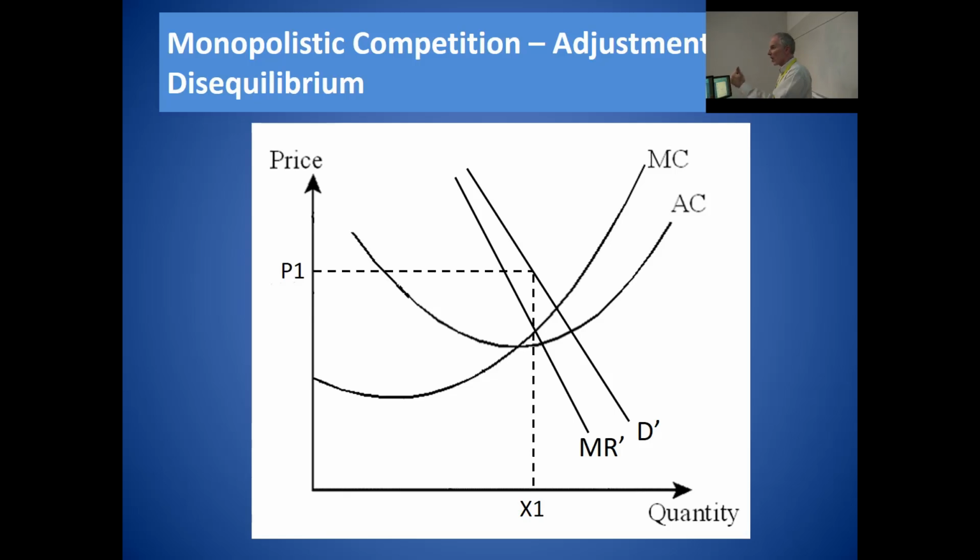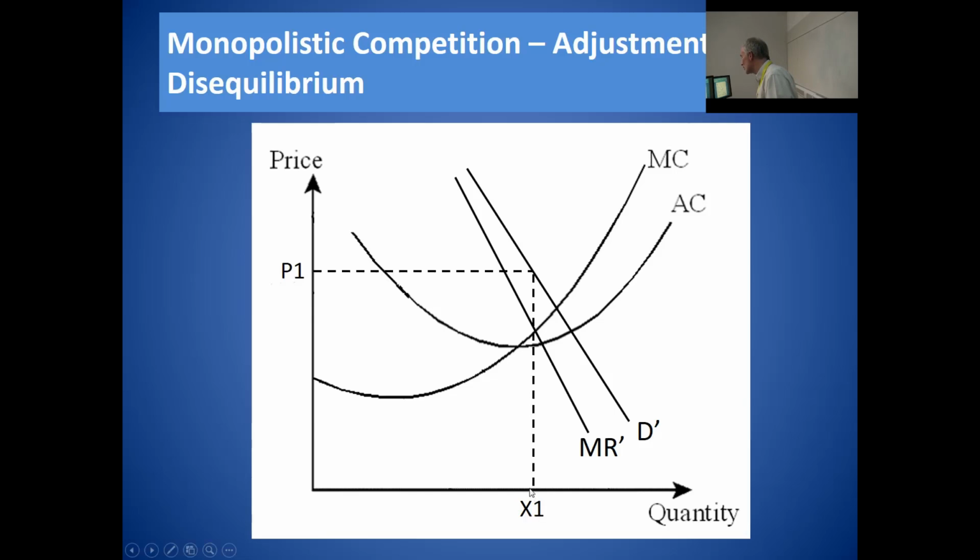So that's points 1 and 2: a price and output combination that lies on the demand curve, and a price and output combination that maximises profits, where marginal revenue and marginal cost are equated. However, that third point, are excess profits being made in this diagram? Of course they are.